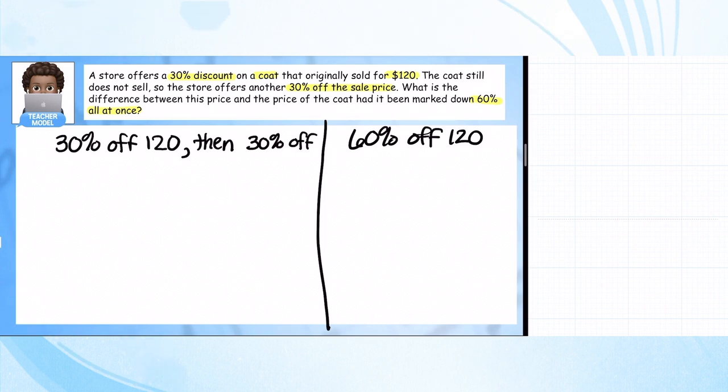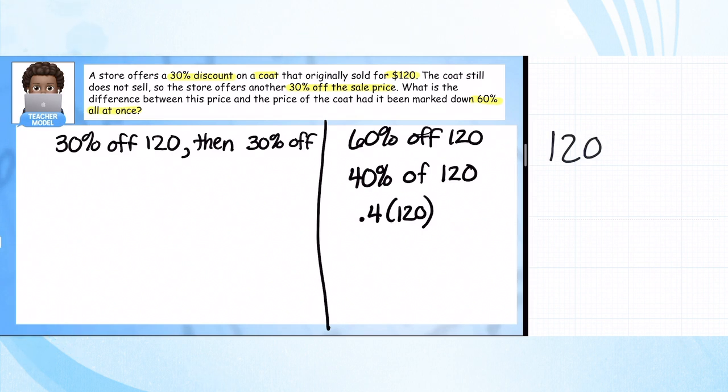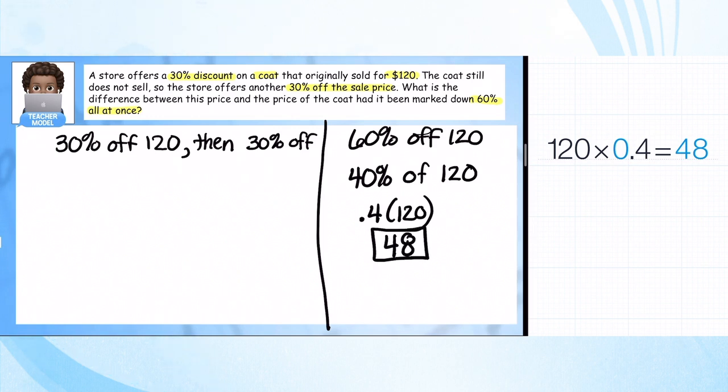So if I want 60% off, that is the same as saying what is 40% of 120. I'm rewriting it. So this means 0.4 times 120. We're going to do that math out. 120 times 0.4, and we're going to get $48. So this coat sells, if they just took 60% off, it would be $48.